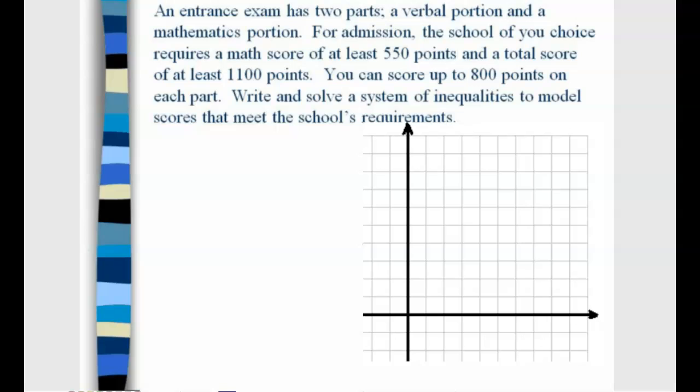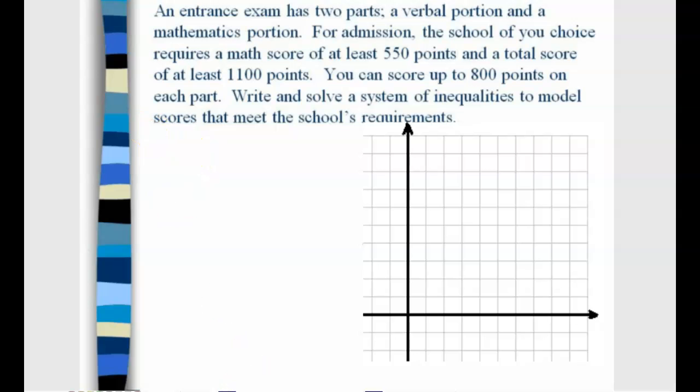Okay, an entrance exam has two parts, a verbal portion and a math portion. So this is like an SAT. So if you take the SAT, you have your verbal and your math. You want to get a score of at least 550 on math and a total score of 1100. So we know that for this, we have a verbal and a math.